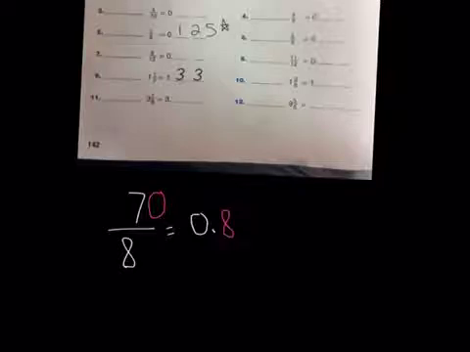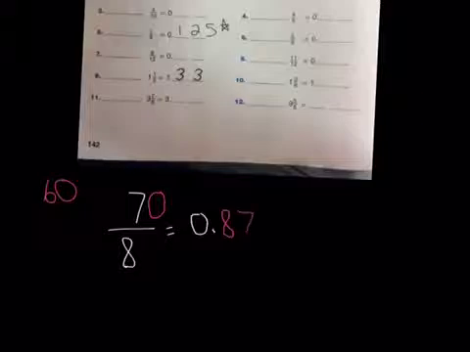From 64 to 70, I have a remainder of 6, which we turn into 60. How many 8s in 60? 8 times 7 equals 56, which gives me from 56 to 60 a remainder of 4, which is now 40, and then 8 times 5 equals 40.